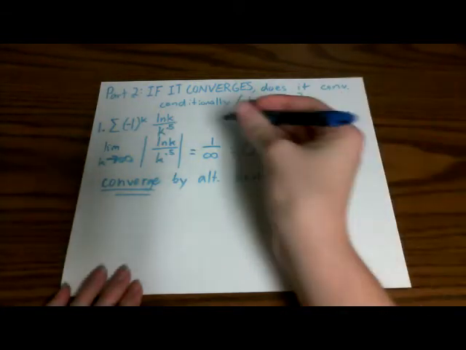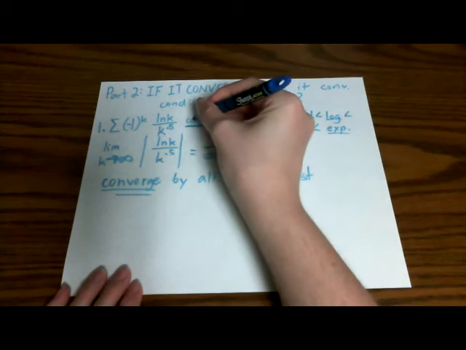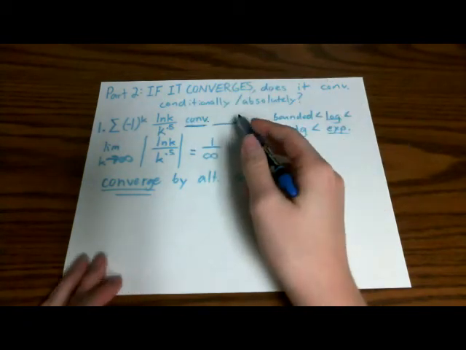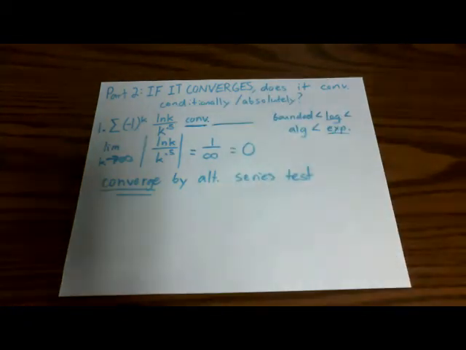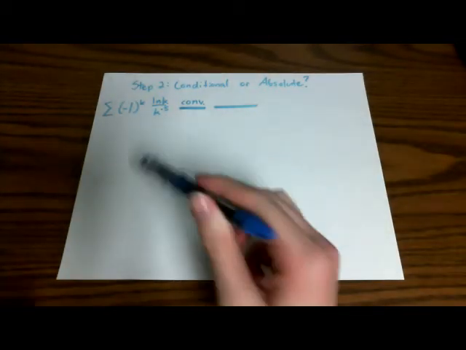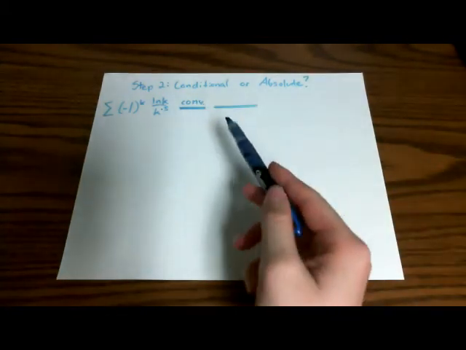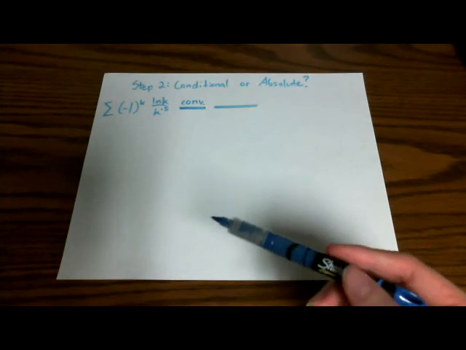That, however, is only the first part. I'm going to go ahead and make 2 blanks here, converges, and then this will be for conditionally or absolutely. So here's the conditional or absolute step. Here we have our original alternating series, and I've just transferred the answer blanks from the other page onto this one already.